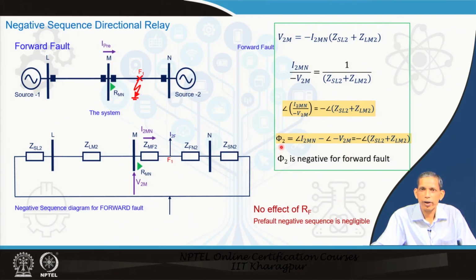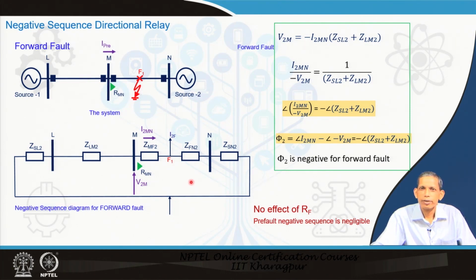So, the conclusion is that phi 2, the negative sequence angle that we have defined here, angle of negative sequence current seen by the relay minus angle of negation of negative sequence voltage seen by the relay, this angle what the relay will see during fault, if it happens to be negative, this is a forward fault. So, that is not affected by the RF as evident from this diagram and these relations.